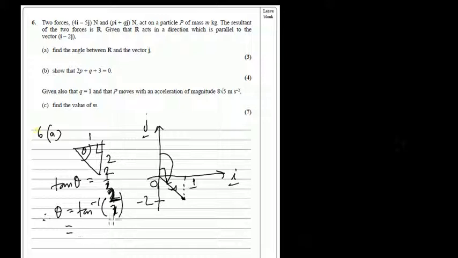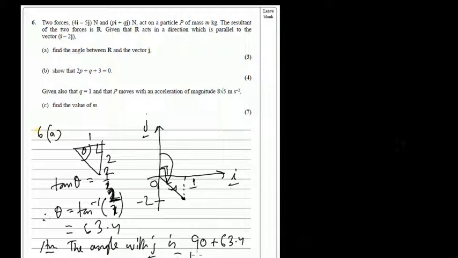Tan inverse of 2 by 1 is 63.4 degrees. So the answer, the angle with j: this is 90 degrees and this is 63.4, that makes it 153.4 degrees.